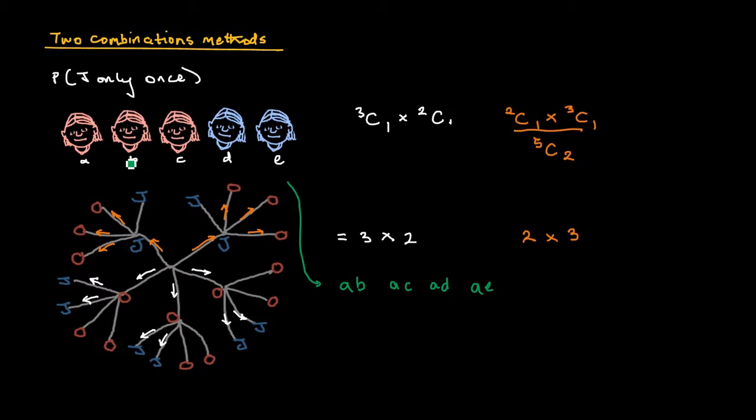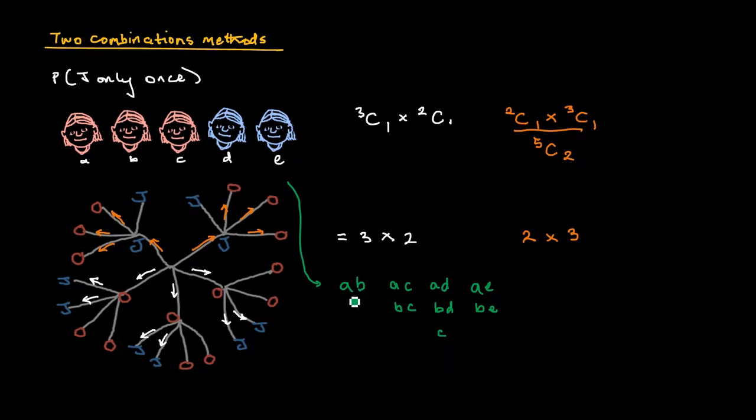Now, let's consider if I chose B first. I can't choose A again because I've already chosen the A-B combination, so that's ruled out. This time I can't choose B because I've already chosen it. I have to choose C. So BC, and I've now got BD and BE. And now we've got the C. Again, I can't do anything but start here.